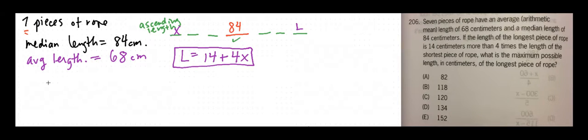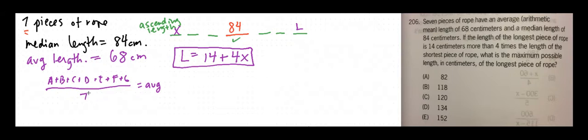Say we labeled each strand A, B, C, D, E, F, G. You'd add them all up, A plus B plus C plus D plus E plus F plus G, each piece, divided by 7, how many pieces. That would give you your average, right?